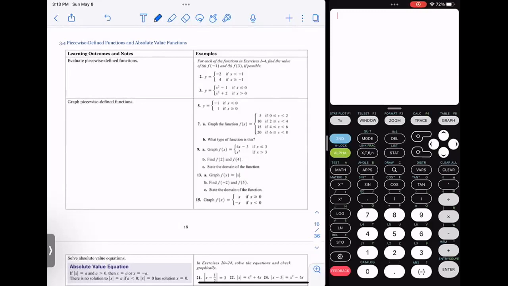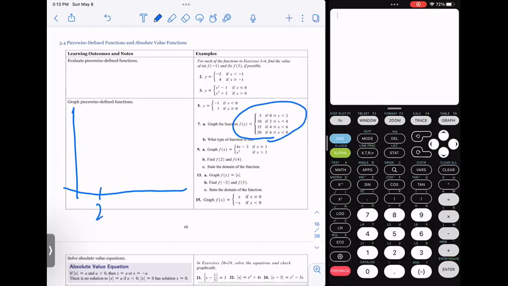Now, when it comes to graphing piecewise functions, typically calculators don't make that easy, so I'm going to graph this by hand. That's close enough. Okay, so this piecewise function is saying from 0 to 2, it will be 5.